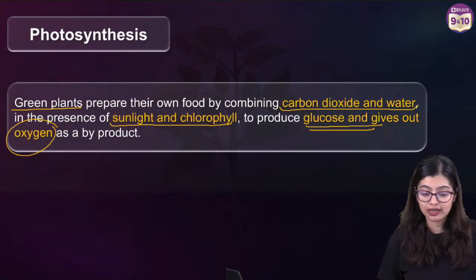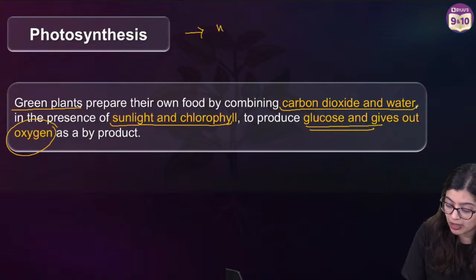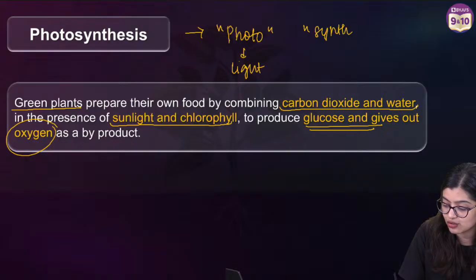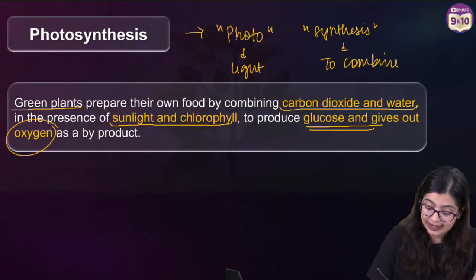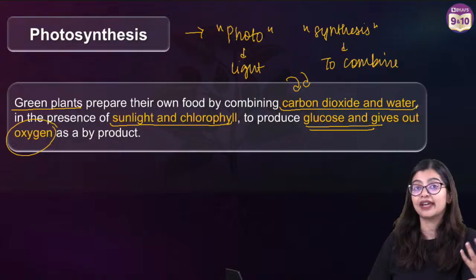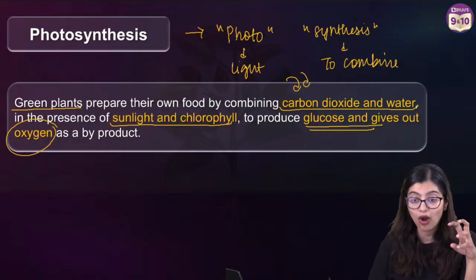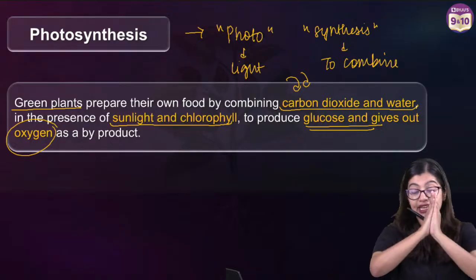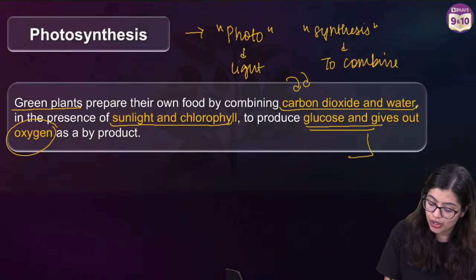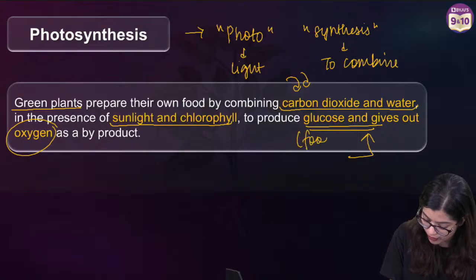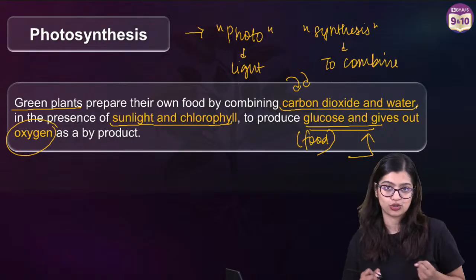If I were to split the word, photo means light and synthesis means to combine, right? So in the presence of light, components like carbon dioxide and water are combining in the presence of sunlight and chlorophyll in order to produce, let's say, food for now, and it gives out oxygen.